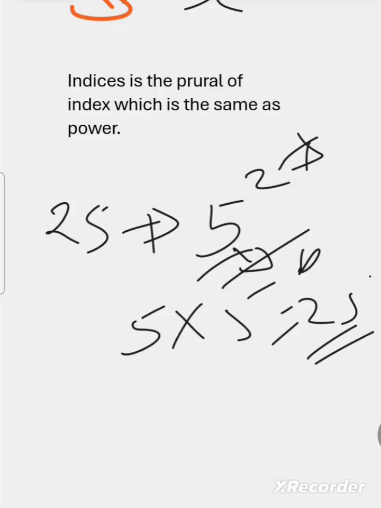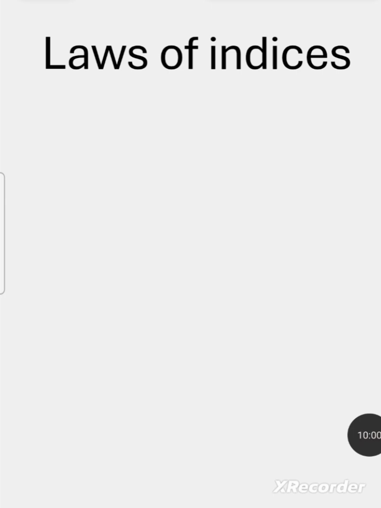And I want us to move to something else, laws of indices. Now let us consider this case.